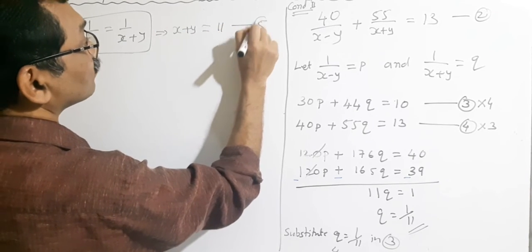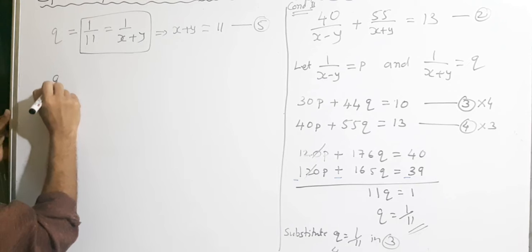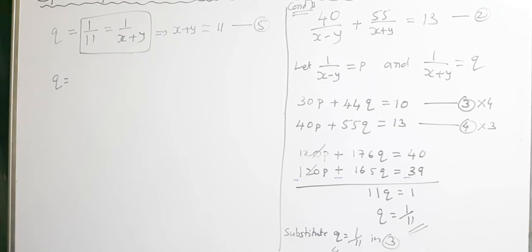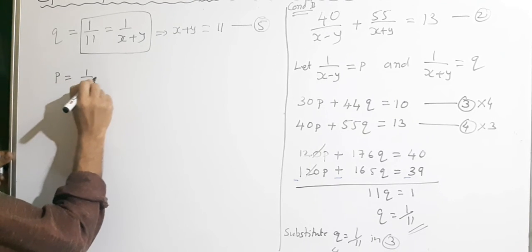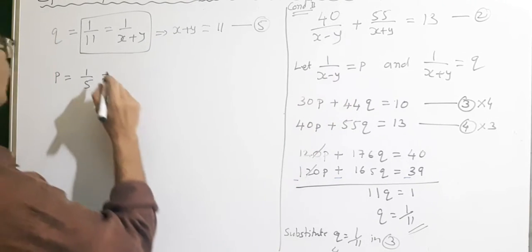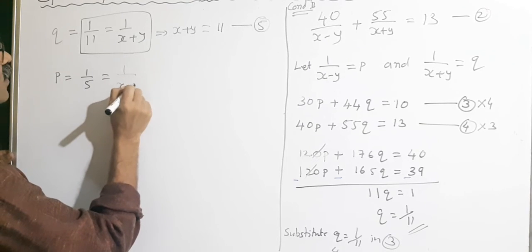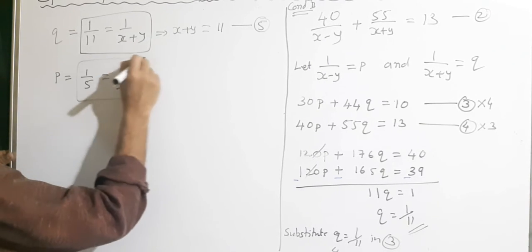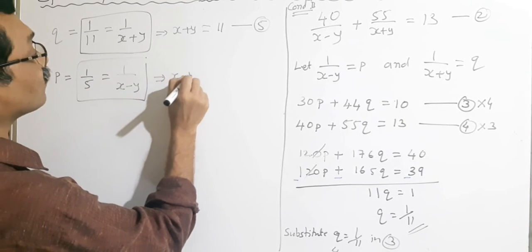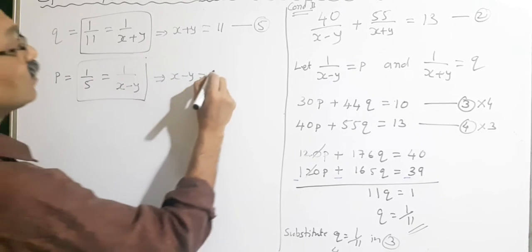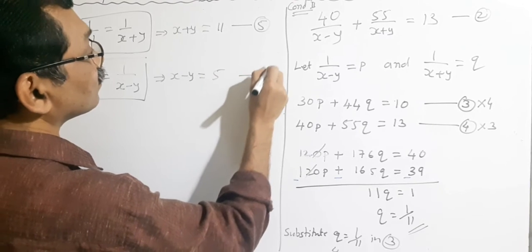I am writing this as equation number 5. And p is equal to 1 upon 5, which is 1 upon x minus y. By cross multiplication, x minus y is equal to 5. This is my equation number 6.